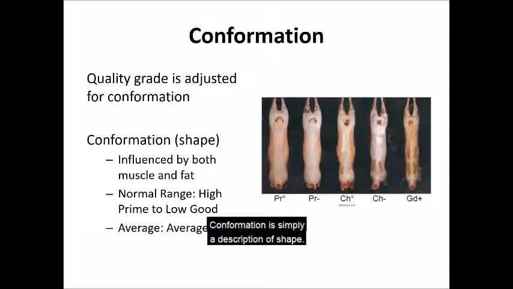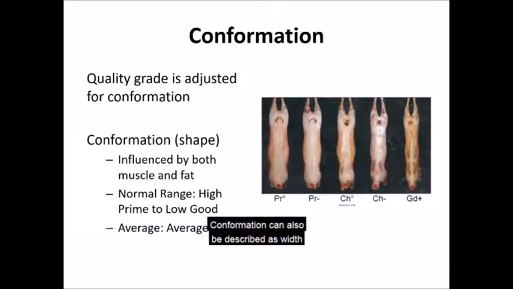Okay, conformation is simply a description of shape, and meat animal shape is difficult to describe, but when you see the differences from left to right in terms of a shapely, heavier muscled carcass on the left, it's grade prime conformation, all the way to the right of a good grade lamb, there is more meat animal shape on the left.